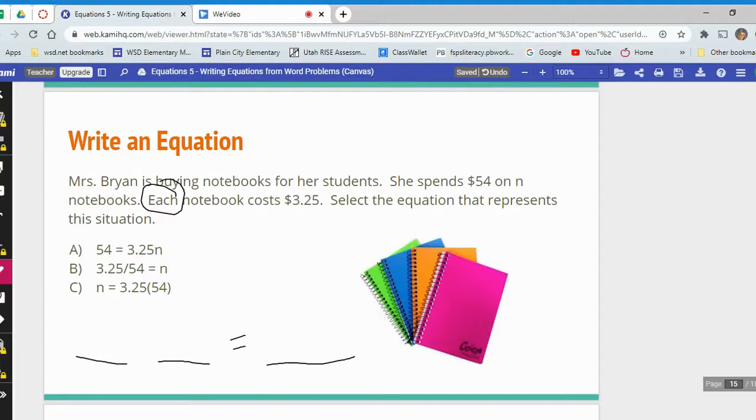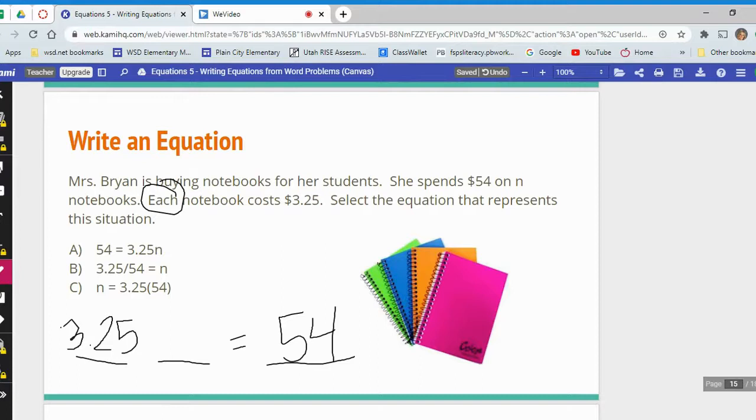So, do I know her end result, what she spent total? Yep, $54. I know that each notebook costs $3.25. Those are some hopefully nice notebooks. That's kind of expensive.